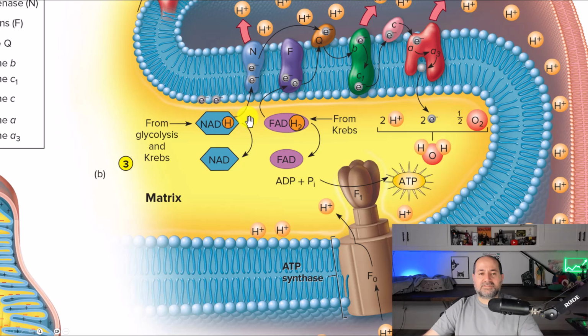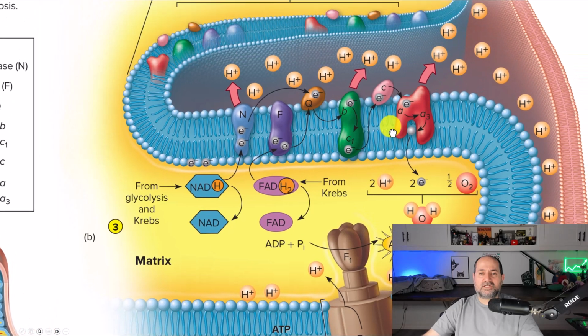And so we formed 10 NADH during the processes of glycolysis, oxidation of pyruvate, and the Krebs cycle. We formed 10 NADH, and those 10 NADH drop off their electrons, resulting in protons being pumped. And during the Krebs cycle, we produce 2 FADH2s, and those come over here to drop off their electrons. And those electrons also end up powering the electron transport chain.